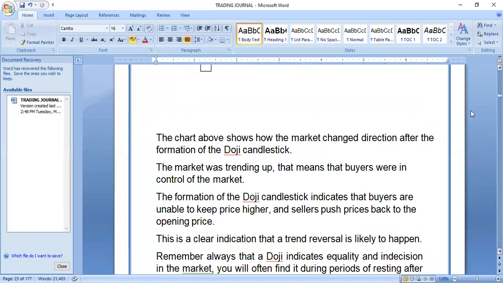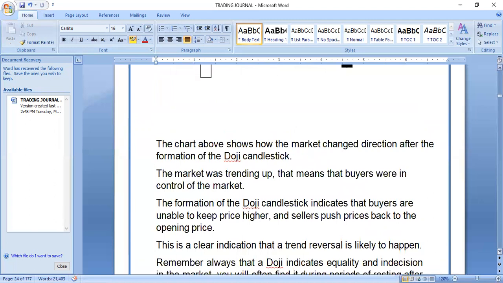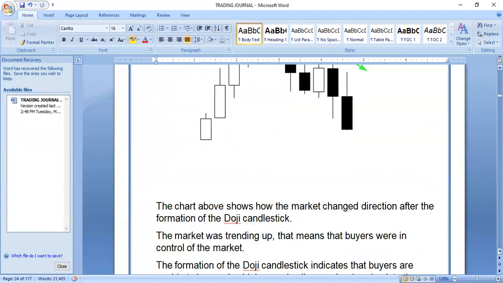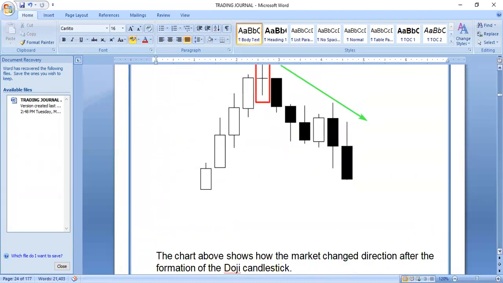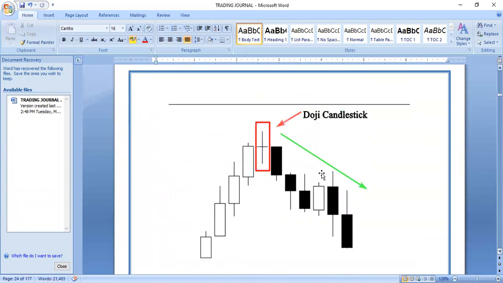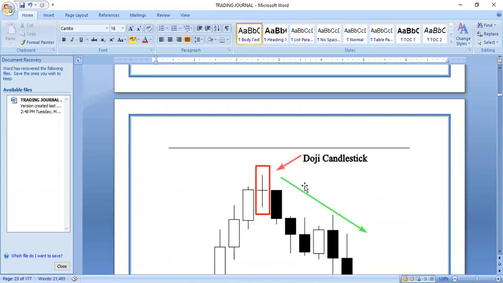No one is in control of the market. Now look at the doji. One thing that you should note is that a doji can show a continuation of a pattern or even a reversal in the market structure.